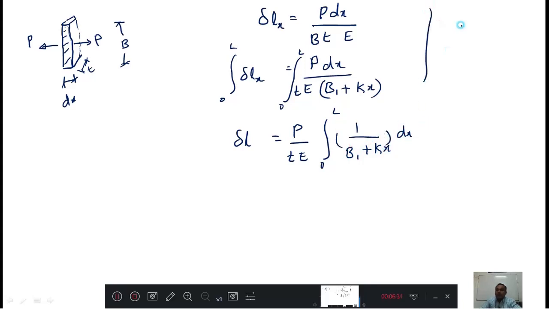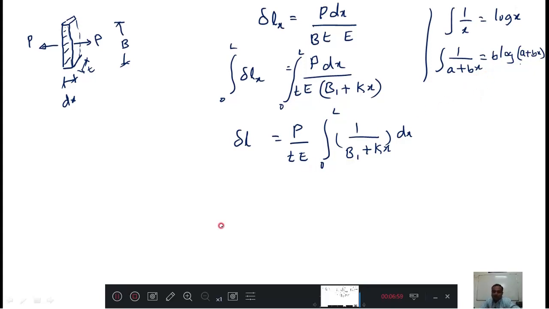You should know in mathematics, integration of 1 by x is log x. The same way, integration of 1 by a plus bx is equal to log a plus bx into b.